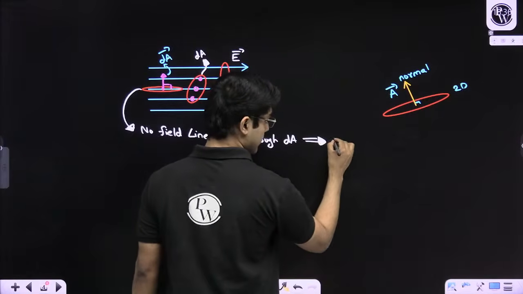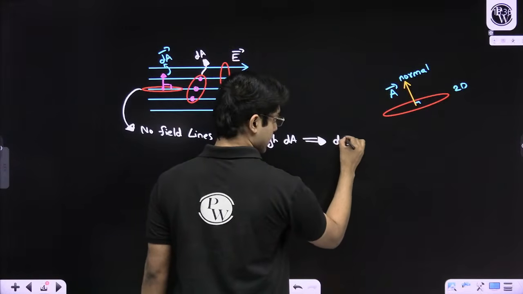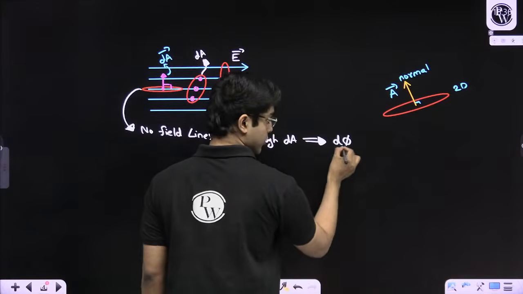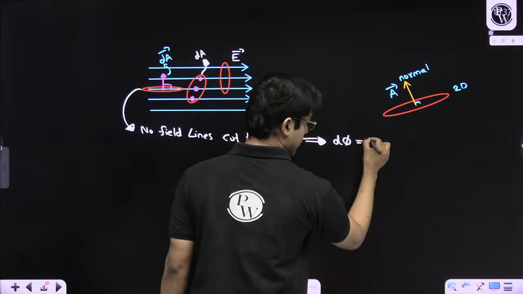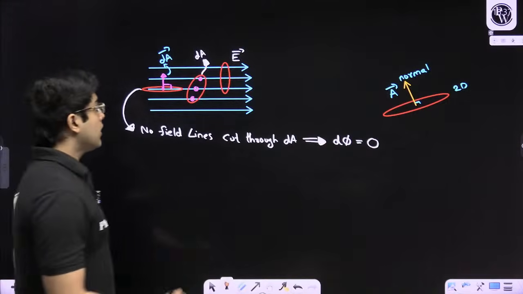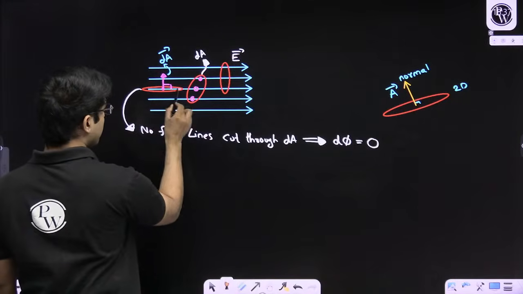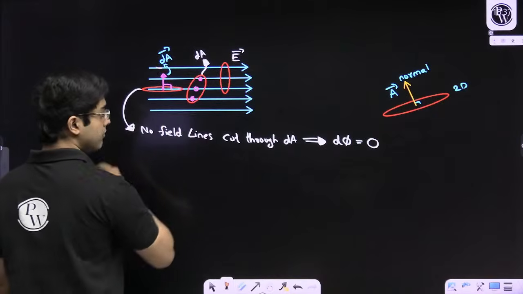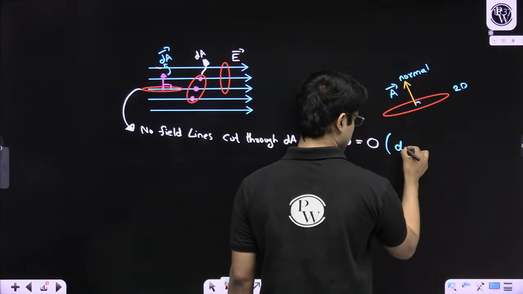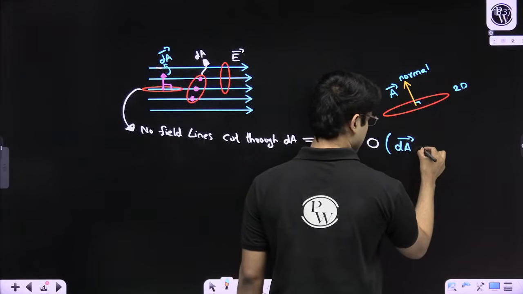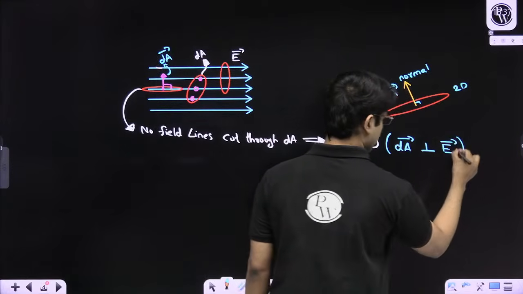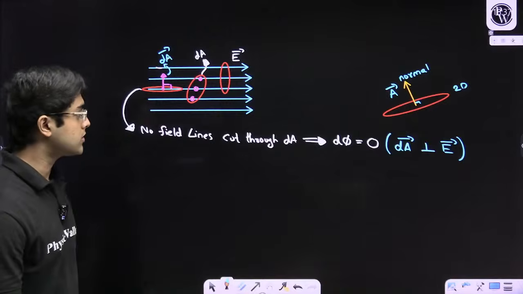We use the symbol phi for the flux, and because this is a small area dA, we use the symbol d phi. So the electric flux through this area will be 0. If you place it such that the dA vector and E vector are perpendicular, the flux turns out to be 0.